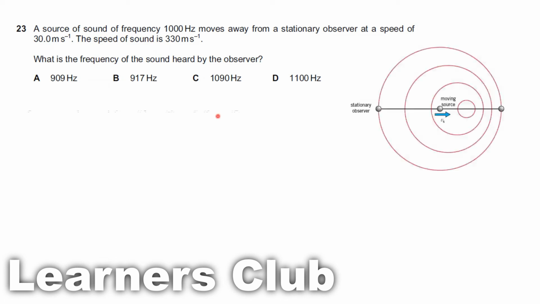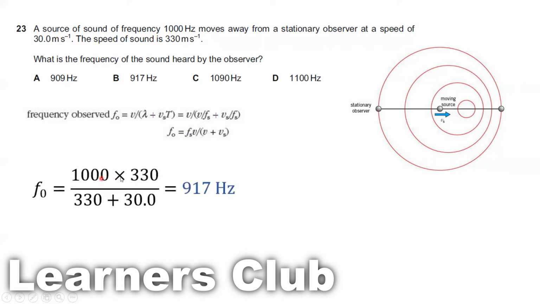So in that case, you have to use this formula. The observed frequency is equal to the frequency of the source into the velocity of the medium divided by the sum of both the velocities.